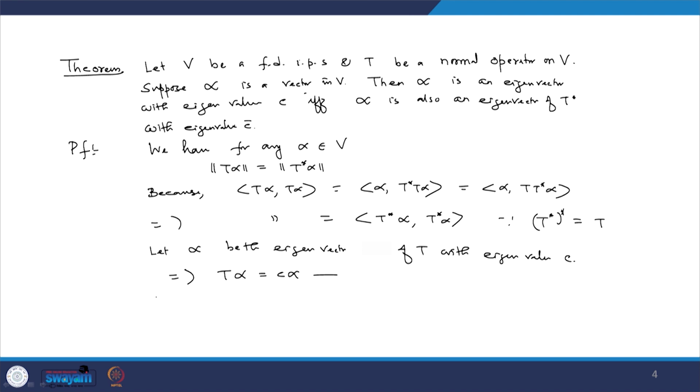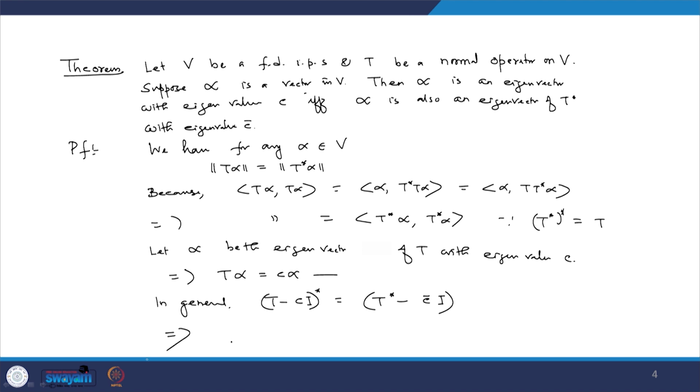In general, the adjoint of T minus C I equals T star minus C bar I.